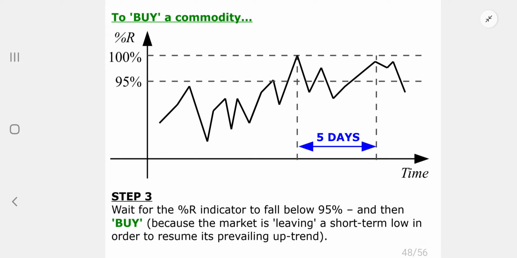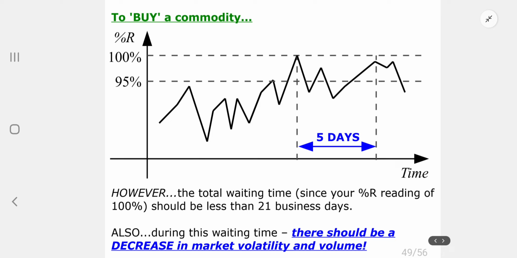Wait for the percentage R indicator to fall below 95% and then buy, because the market is leaving a short-term low in order to resume its prevailing uptrend. However, the total waiting time since your percentage R reading of 100% should be less than 21 business days. Also, during this waiting time, there should be a decrease in market volatility and volume.